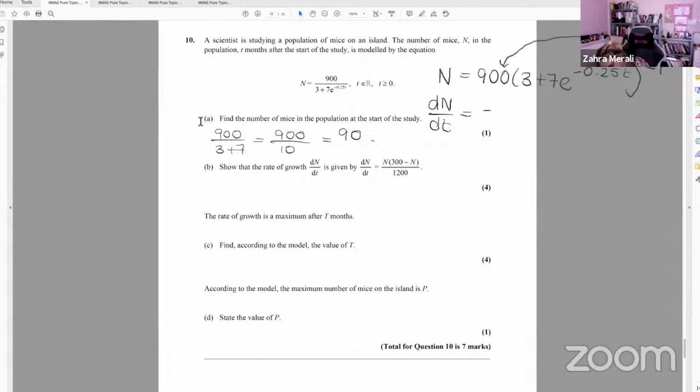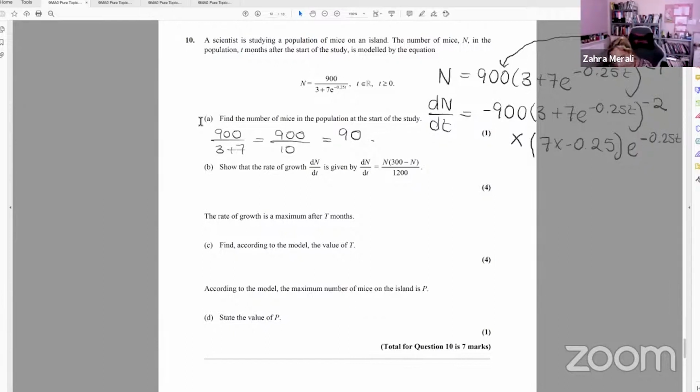So we get minus 900 times (3 + 7e^(−0.25t)) to the minus 2, multiplied by the differential of the bracket. I am purposely writing it how I'm writing it right now, and it will make more sense in a bit.